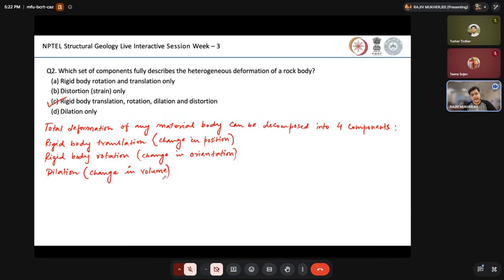So it can either dilate, increasing in volume, or be compacted, decreasing in volume. Both can happen, and in general we coin this term as dilation. So dilation is a type of deformation that essentially involves change in volume while the deformation is going on. And finally distortion.